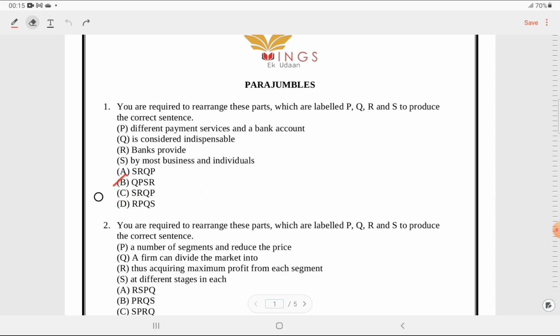The second one. You are required to rearrange these parts which are labeled P, Q, R and S to produce the correct sentence. Now here, a number of segments and reduce the price. No, a firm can divide the market into.